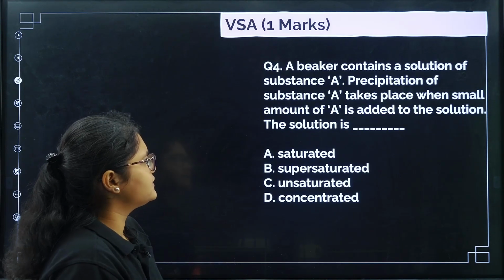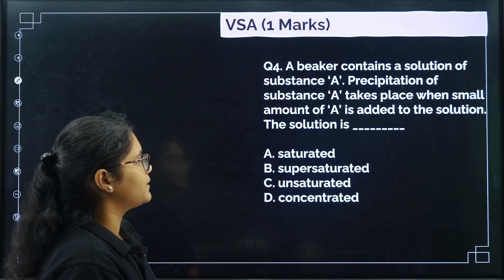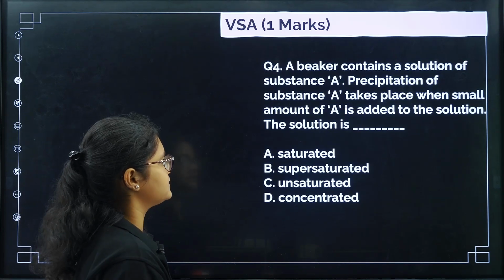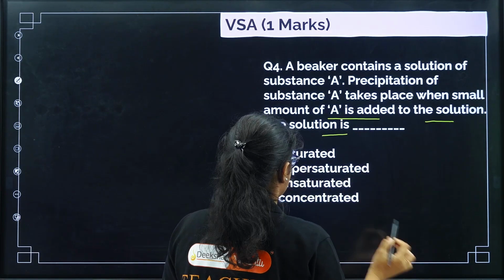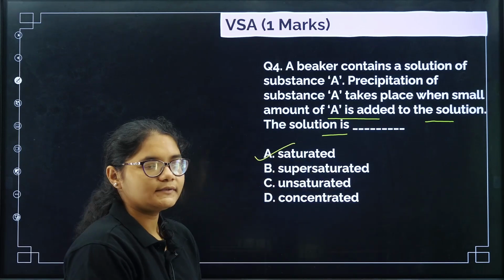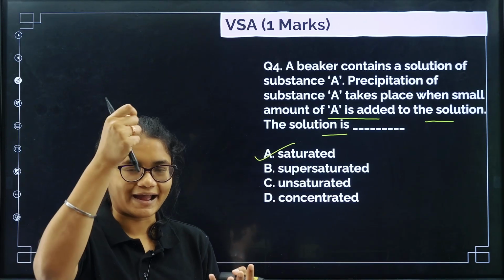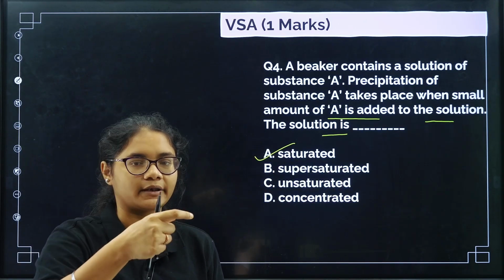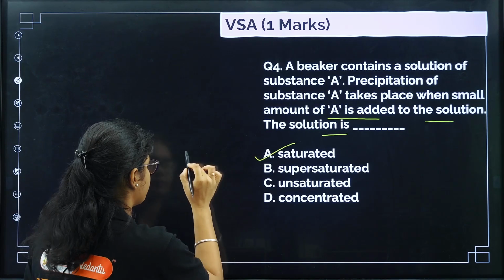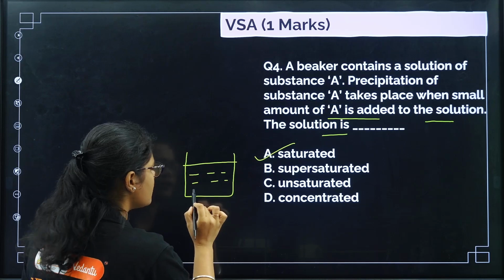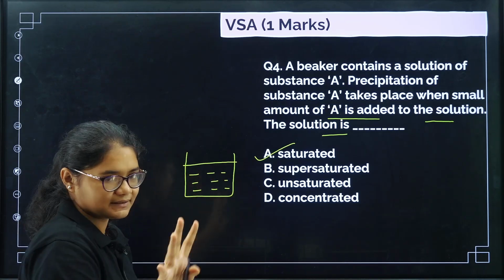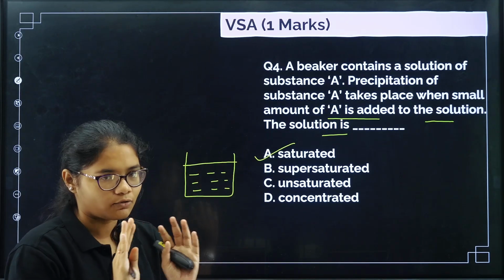Next, a beaker contains a solution of substance A. Precipitation of substance A takes place when a small amount of A is added to the solution. The solution is saturated, right? Once it is already saturated, if you add one more particle, suppose 9 particles was the maximum capacity, and 9 particles you have already dissolved.